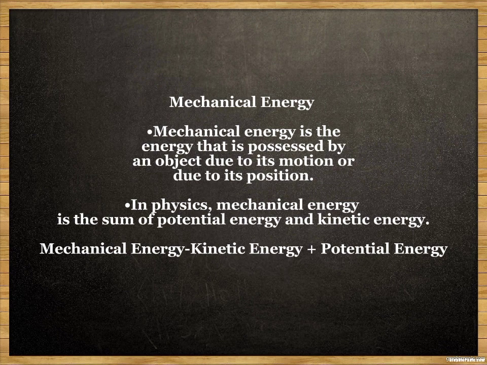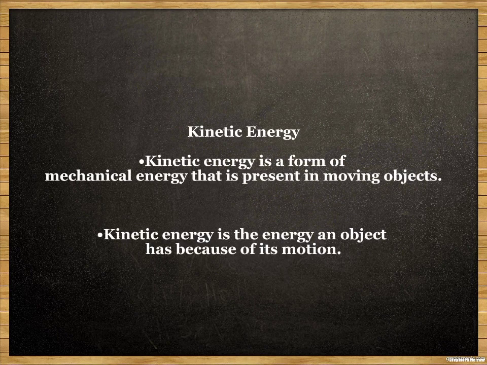Mechanical energy is the energy possessed by an object due to its motion or its position. In physics, mechanical energy is the sum of potential energy and kinetic energy. Kinetic energy is a form of mechanical energy present in moving objects.